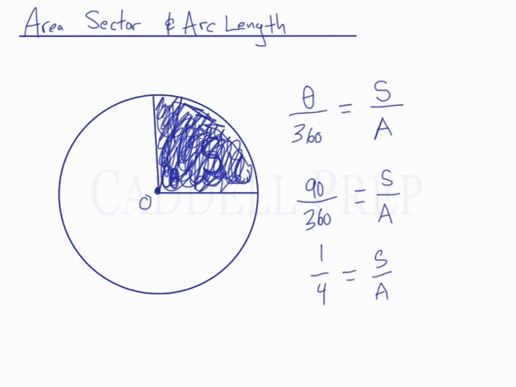So we're looking for this area here, S, and we have the angle theta. So because this angle is 1/4 of the entire circle, this area, S, will be 1/4 of the entire area, as we see here.